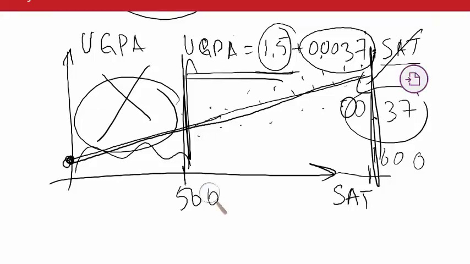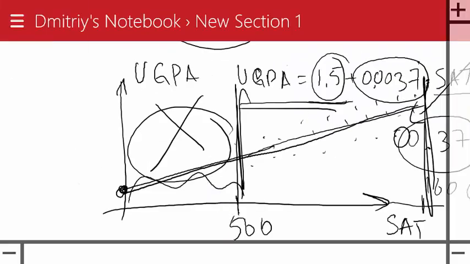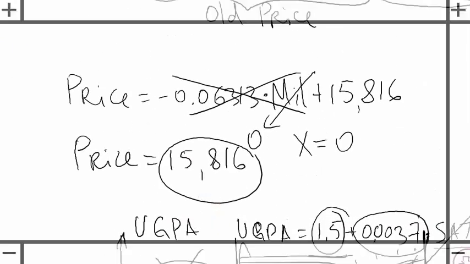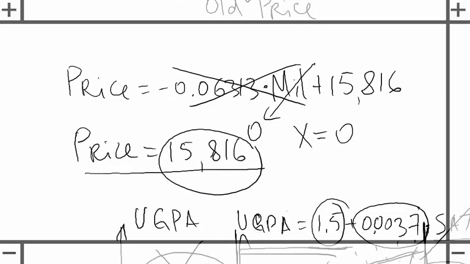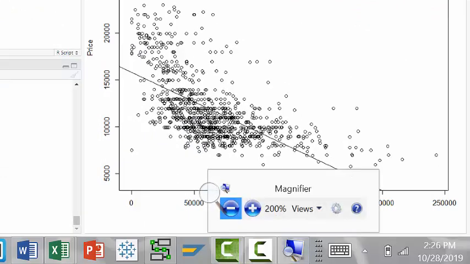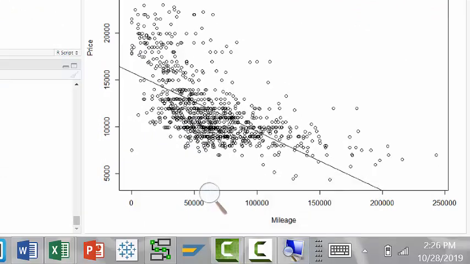That's one reason. Another reason why this interpretation is problematic, let's come back to this one. The price of the brand new car with 0 miles is 15,816, which is actually right here in the graph. We realize that this point right here, where my straight line hits the vertical axis price, is 15,816. This is the y-intercept.